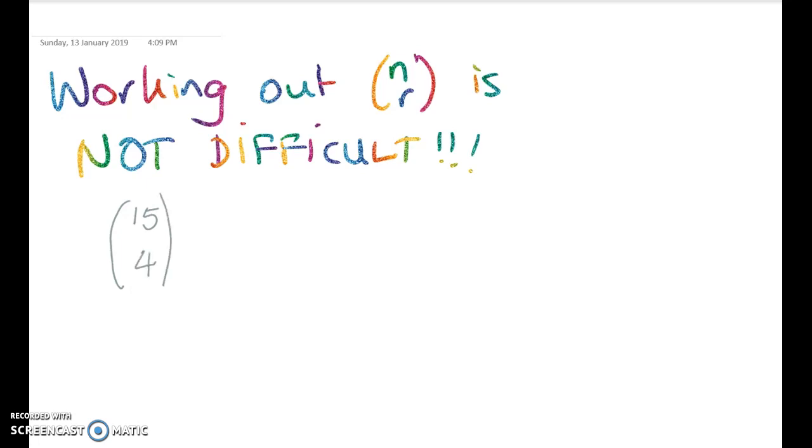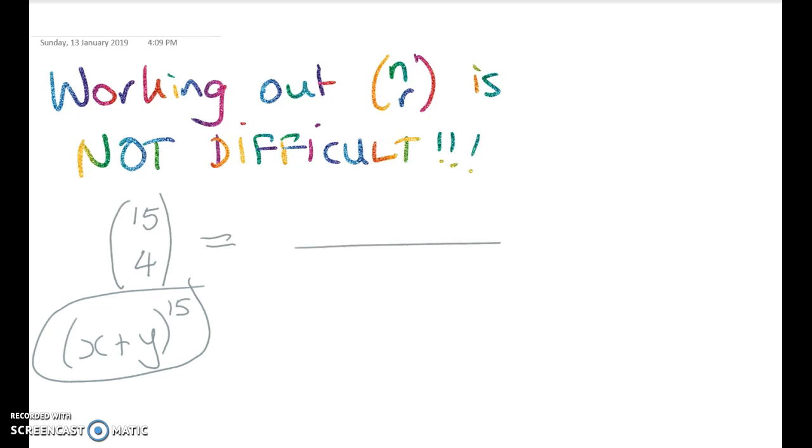All right, so this is going to be one of the coefficients if I wanted to go all the way down to the 15th row of Pascal's triangle so that I could do an expansion of this form. So in the numerator, we just have 15 factorial, and in the denominator, we have 4 factorial times 11 factorial, right? So it's n factorial over r factorial times the difference in those two numbers.